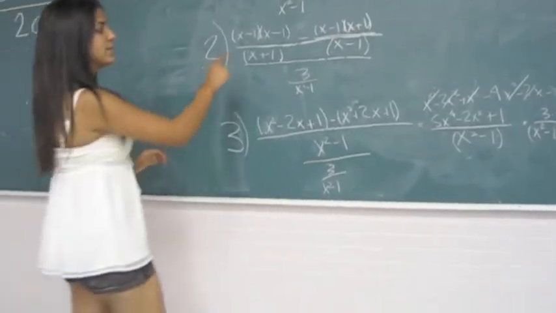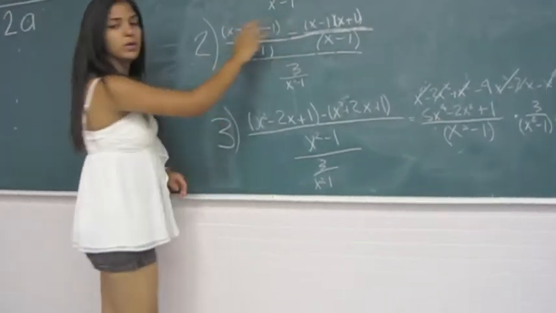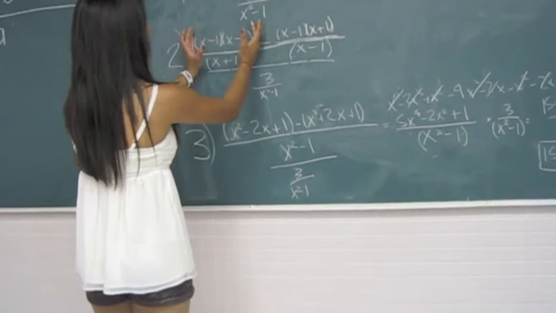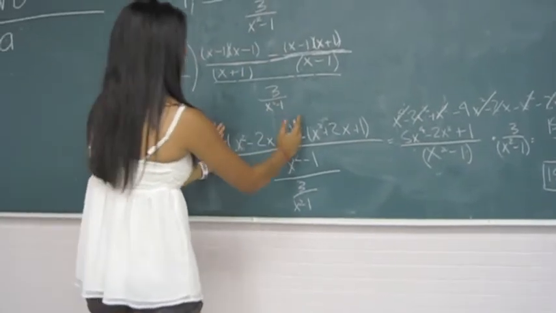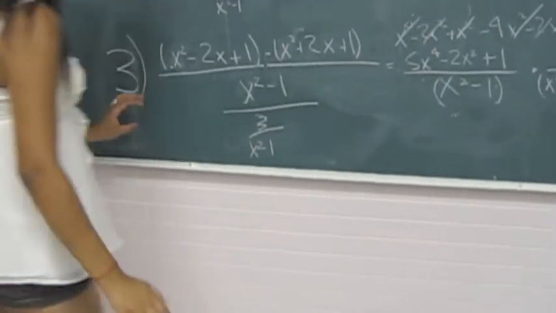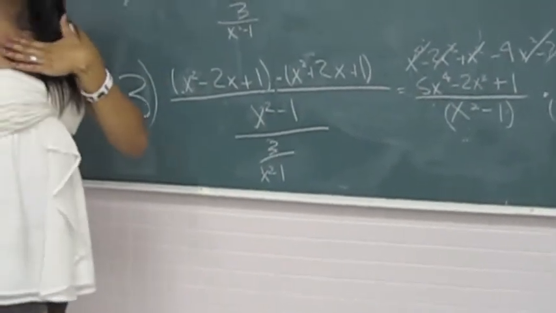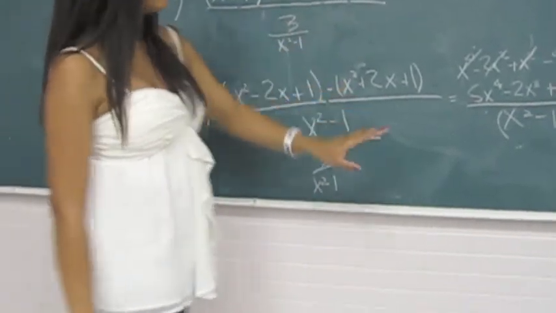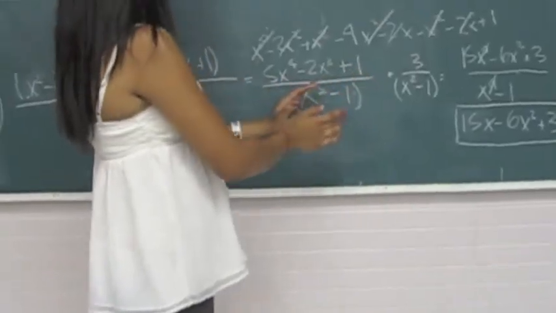Then after that, you will simplify these two by doing FOIL. So these two terms will give you this polynomial, and these two terms will give you this polynomial. And after that, what we did was apply FOIL to these two polynomials to get finally this answer.